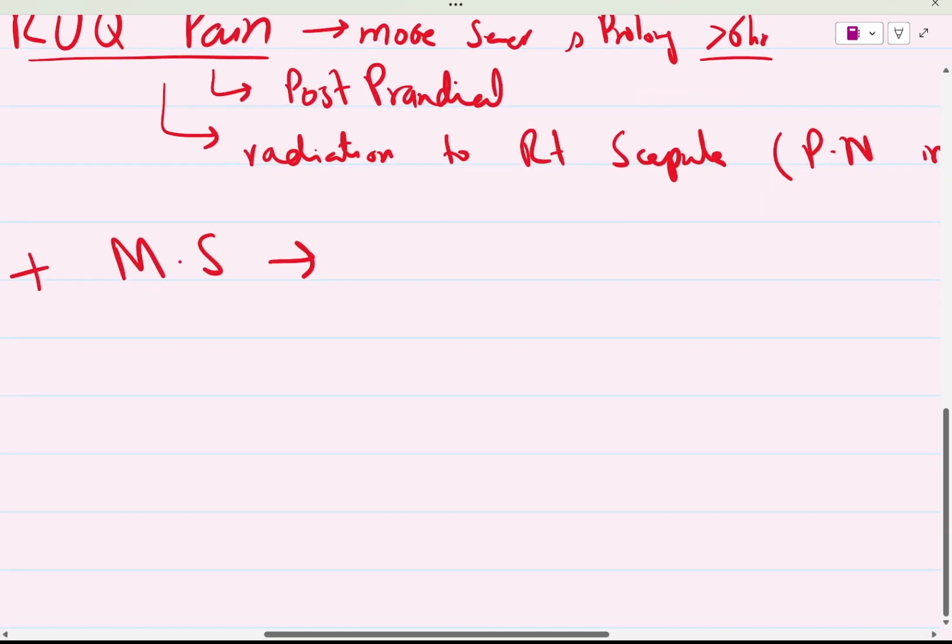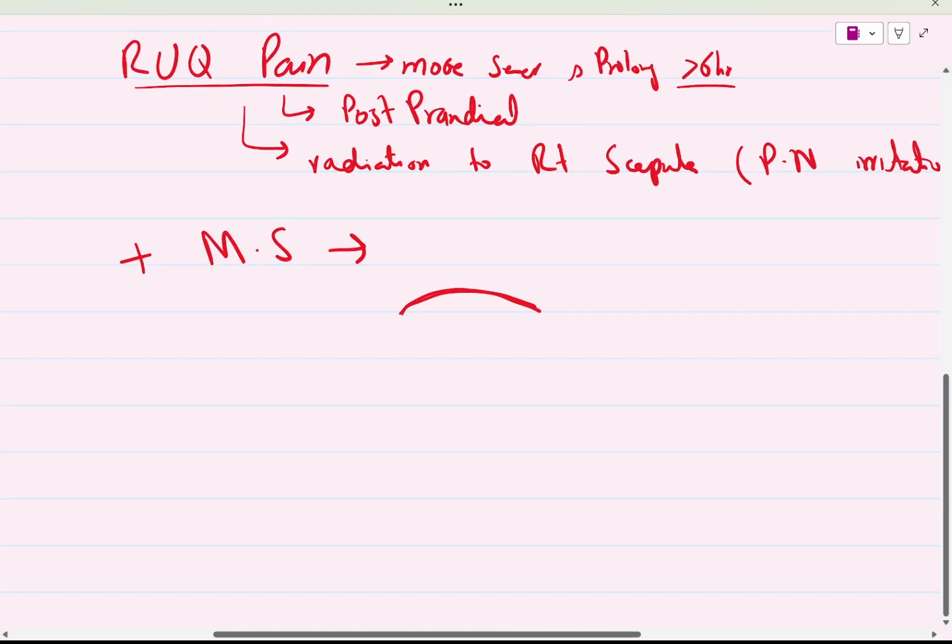When we are palpating the abdomen, you ask the patient to inspire and expire. During inspiration, the abdomen distends a bit, so you do not palpate then, but during expiration the abdomen becomes flat.